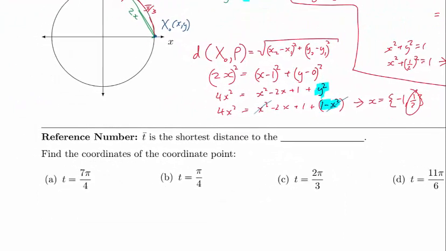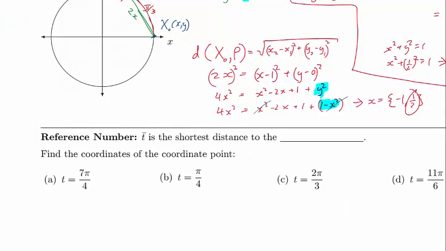Okay, so now we're going to talk about the reference number. The reference number is the shortest distance. I say distance, I should probably say arc length, and it's going to be to the x-axis.